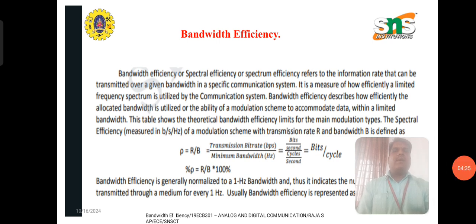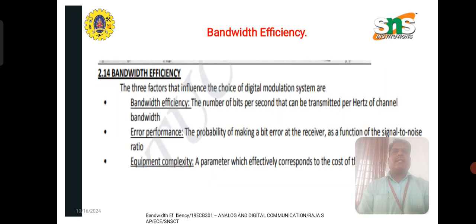In this YouTube video, I discussed what is meant by modulation, that is, the process of adding the message to the carrier. Then why we go for digital modulation. Then the three important parameters in digital modulation techniques are: the first one is bandwidth, the second one is error performance, and the third one is equipment complexity.